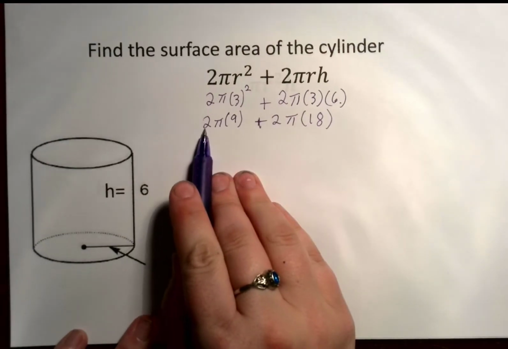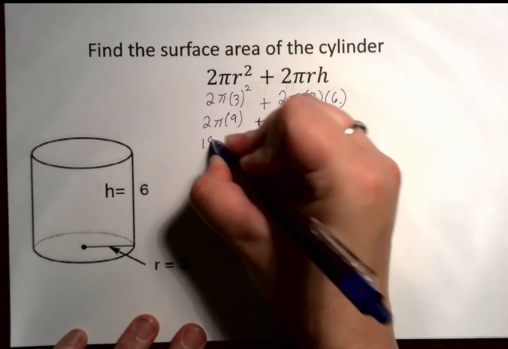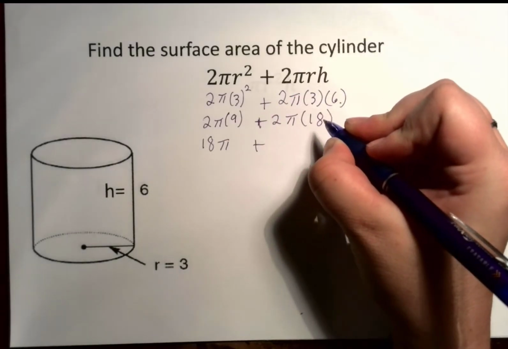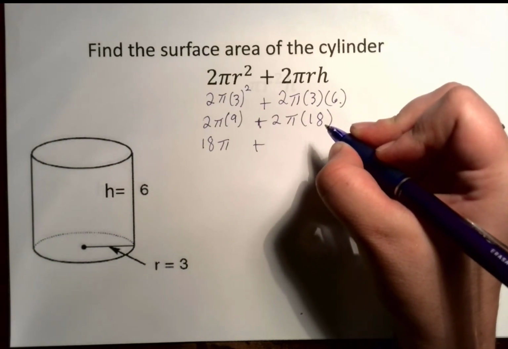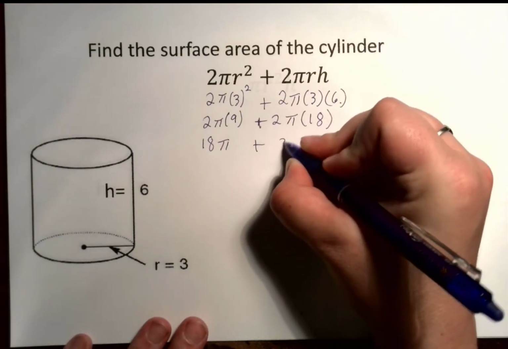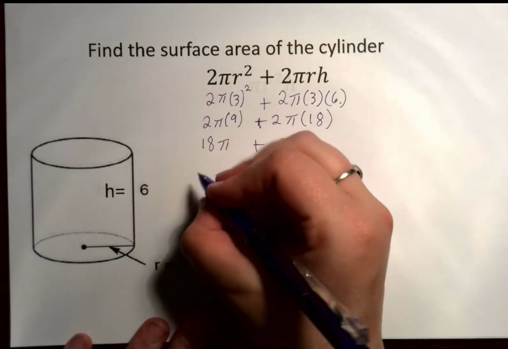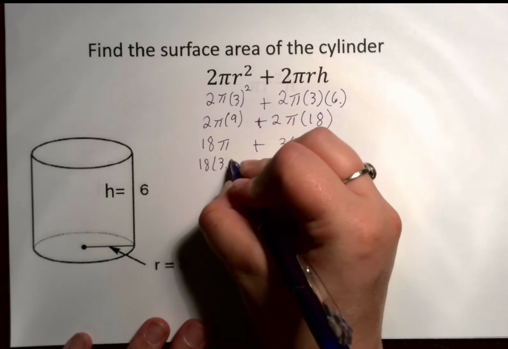Okay, I can go ahead and do 2 times 9, which is 18. And then 18 times 2 is 36. Okay, we're going to use 3.14 for pi.